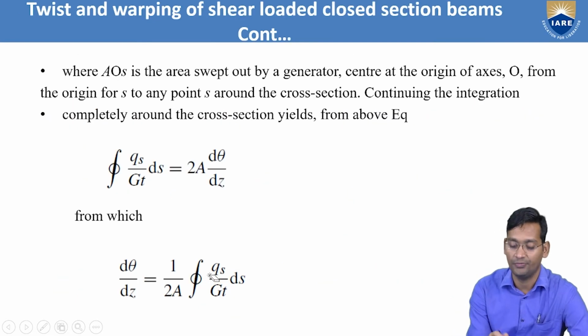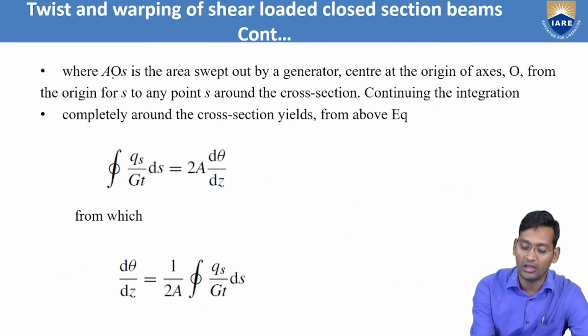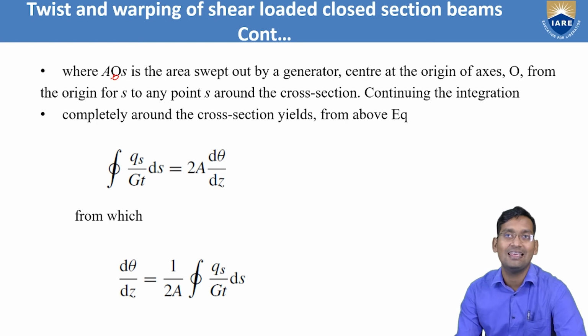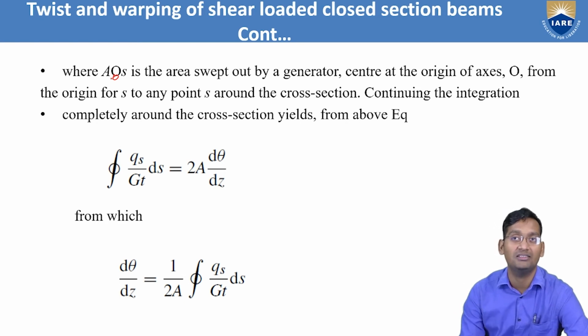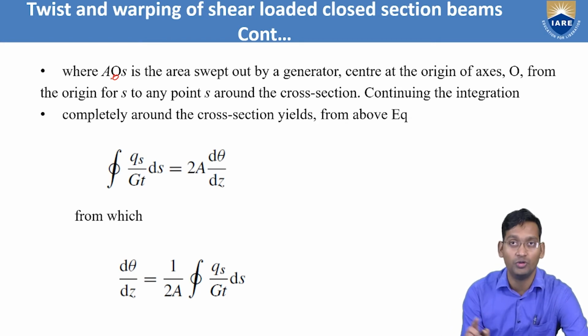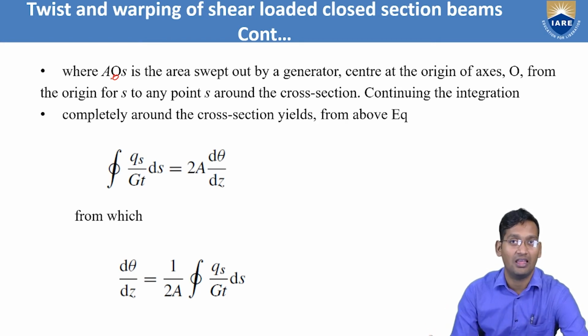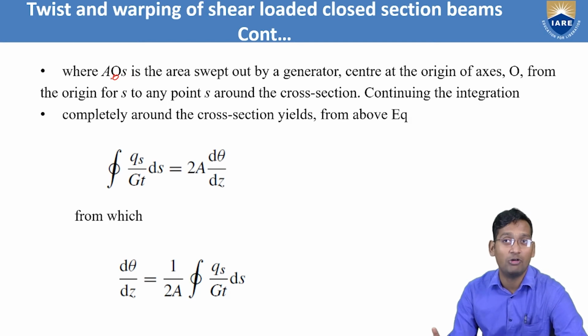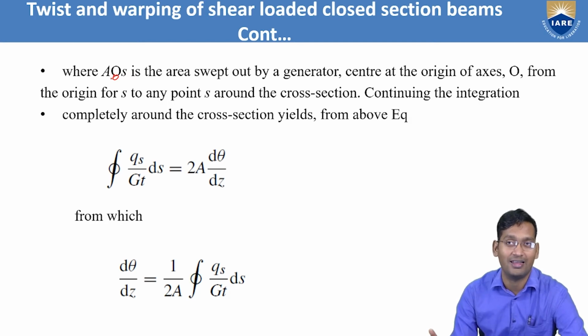So next, let's see, where A_0s is the area swept out by a generator centered at the origin of the axis. So the center is at the origin O, from the origin to any point s, going around the cross section, continuing the integration completely around the cross section.